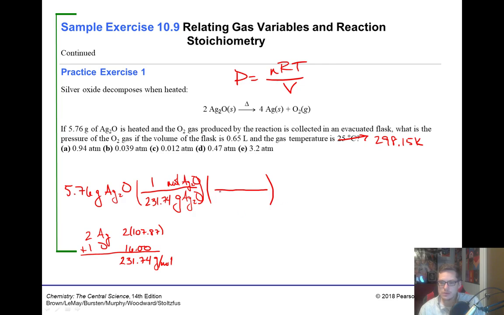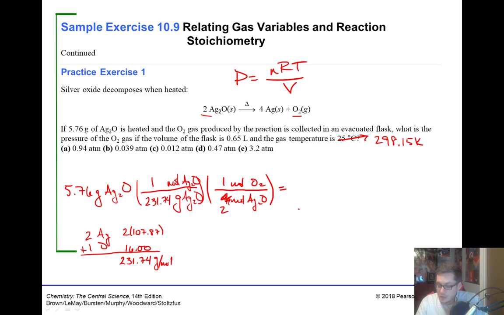Okay, so for every 4 moles of Ag2O, we get 1 mole of O2. I got that from our balanced chemical equation right there. Why did I write 4? It's 2 moles. All right, and that's going to get us to our moles of O2, which is exactly what we wanted. So we'll take our 5.76 divided by 231.74 divided by 2.